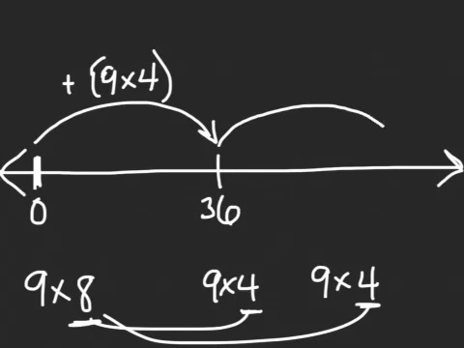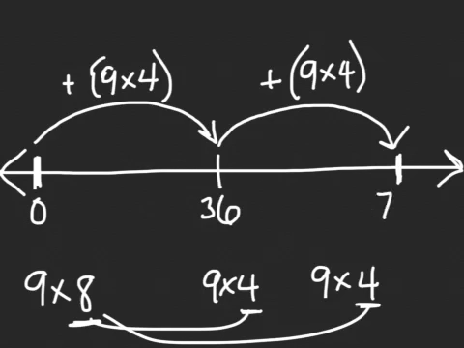So I could take another jump about the same size, and I would be adding another 36, so plus another 9 times 4, which would get me to land on 72. And that would be the final answer. So that's taking a concept they might have learned in younger grades and applying it to a number line. Let's see what it looks like with division now.